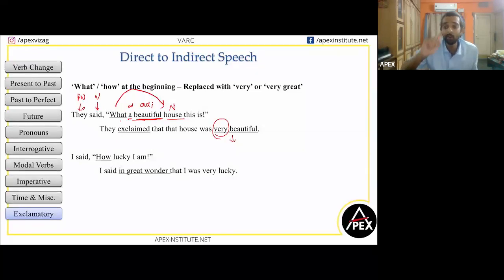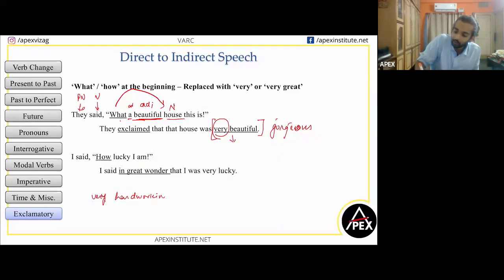Or there's one more option that you can do. If you want to show off your skills, you can use words like this. It's nothing big, but you can simply say, if you say very hardworking, what is one word for very hardworking? It is diligent. Suppose you have very hot, you will call it scorching.